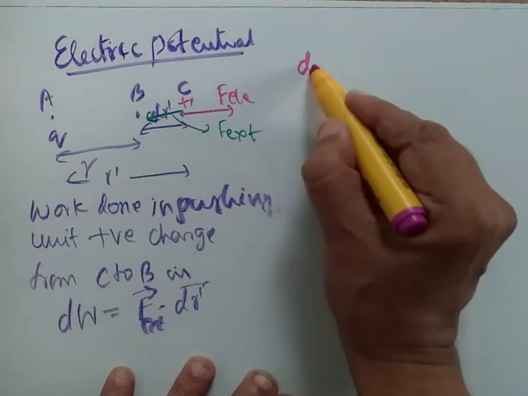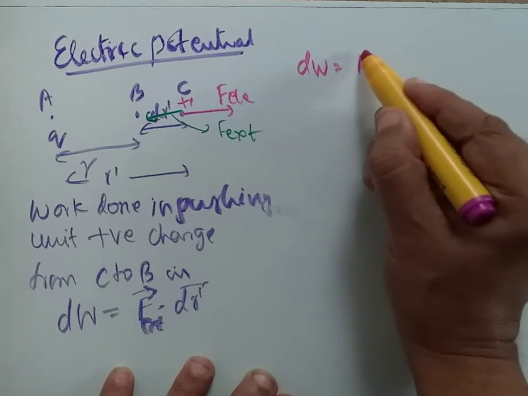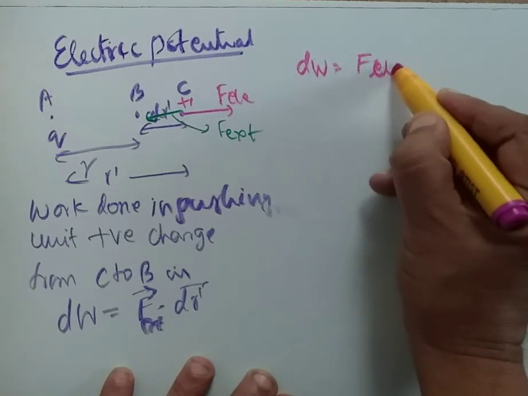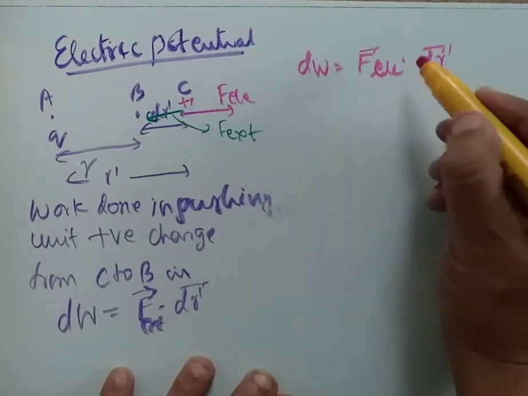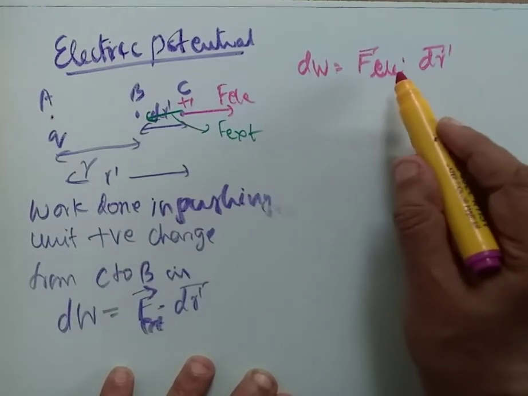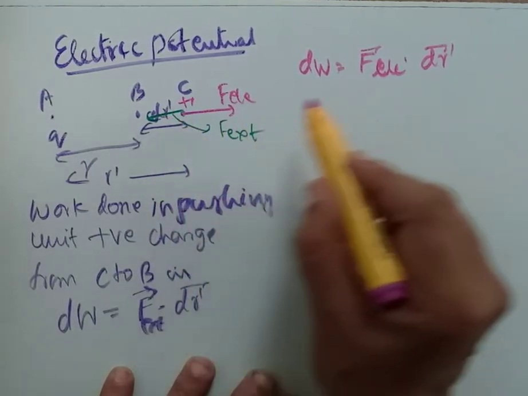Therefore, dW equals F electric dot dr', and F electric and dr' have a 180-degree difference.